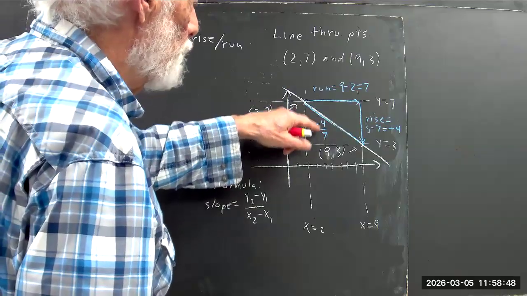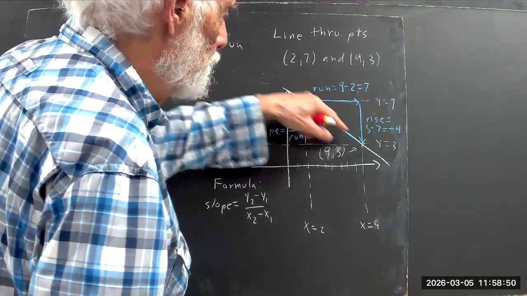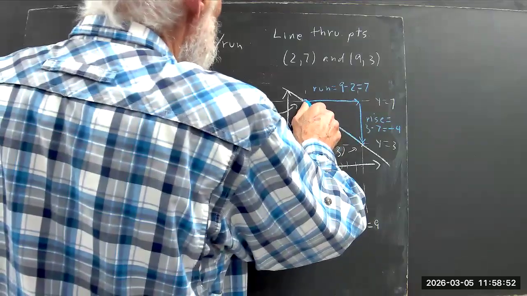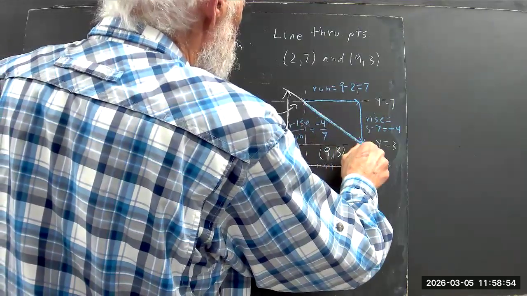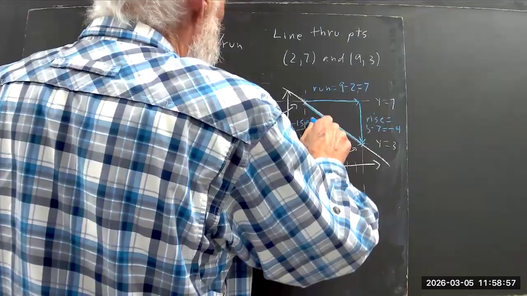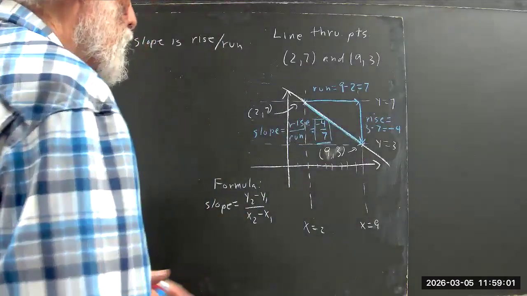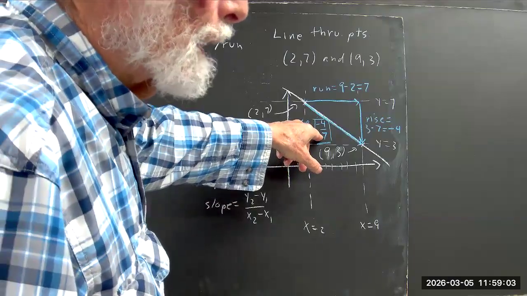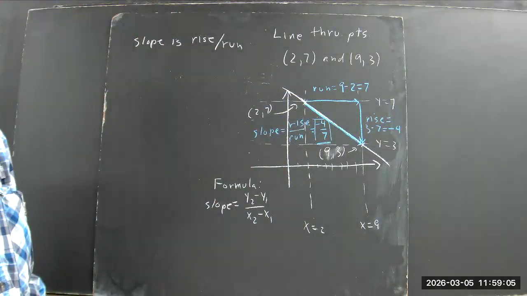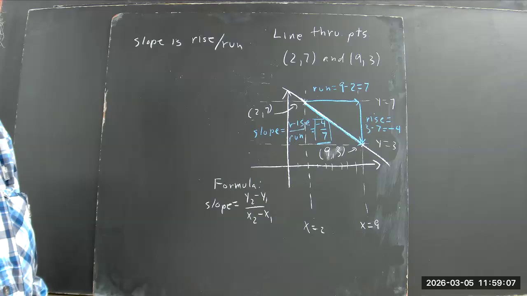You end up with the negative 4 over 7 right next to an arrow that goes directly from the first point to the last point. And you put a box around it. That's what I call a completely labeled fundamental triangle.